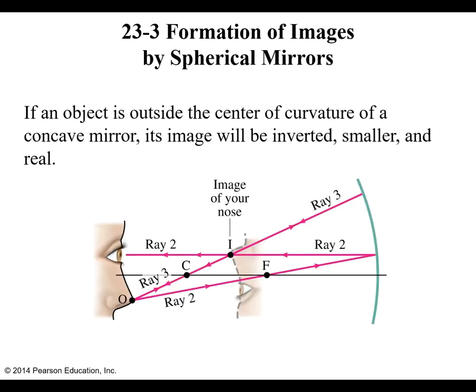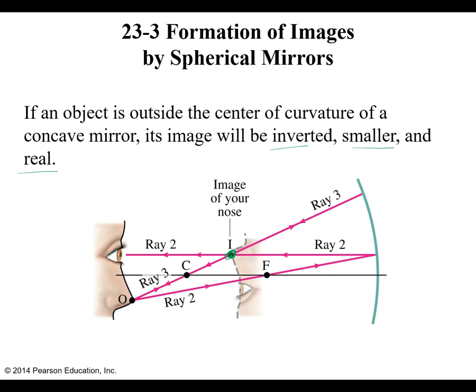But now, what if you have an object that is, in this case, there's your object right there, the tip of your nose, that is outside of the center of curvature? Well, all these lines will cross right here at your image point. What you're going to see here is that you will have an inverted, smaller, real image.